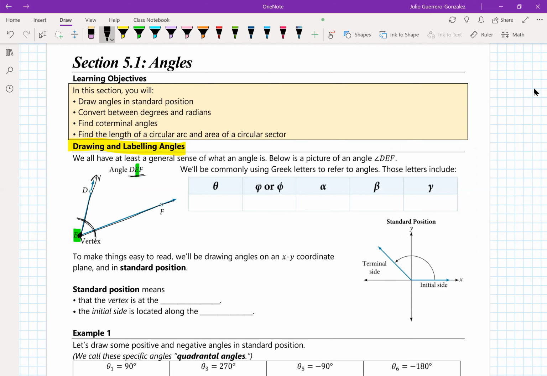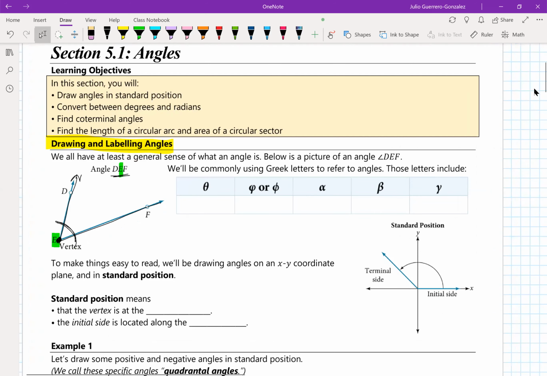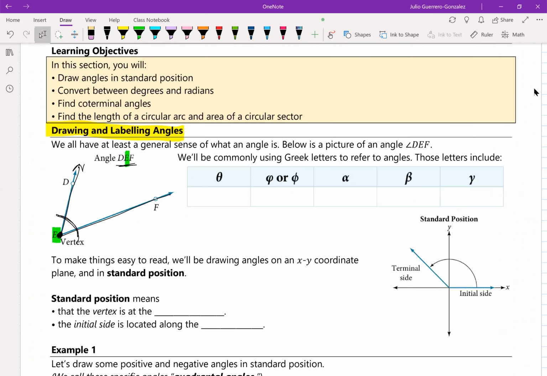Depending on how we want to call an angle, we usually have one of these variables to use for them. They're all Greek letters.